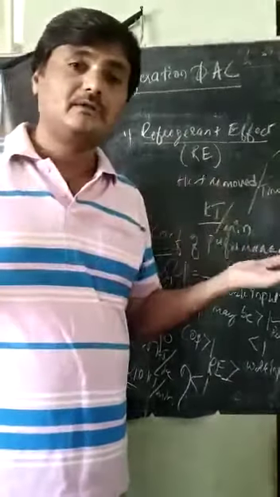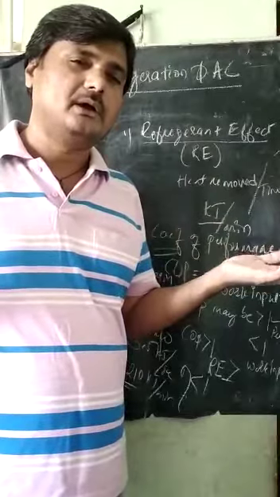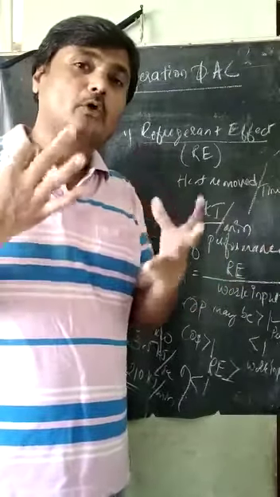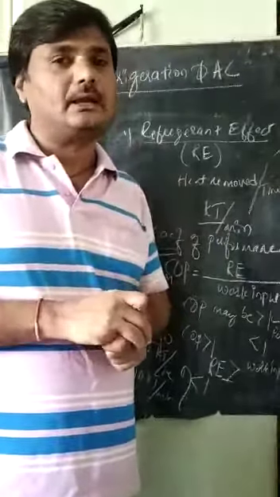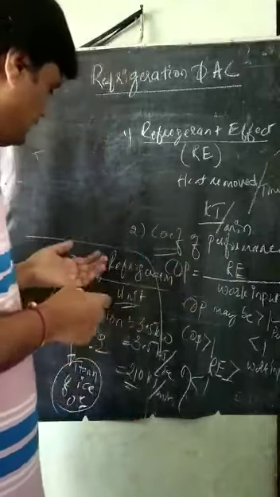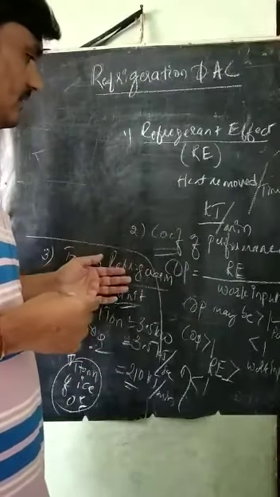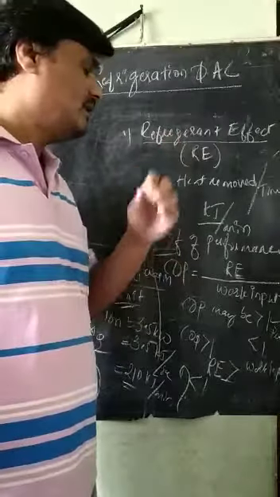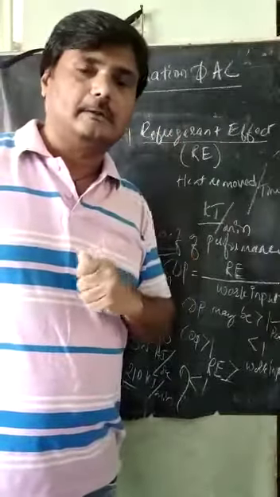If we have a large space and want to maintain a temperature less than the atmospheric temperature, we need a higher ton of air conditioning system, AC system. That's why this is the unit of the refrigeration system, along with coefficient of performance and the refrigerant effect.